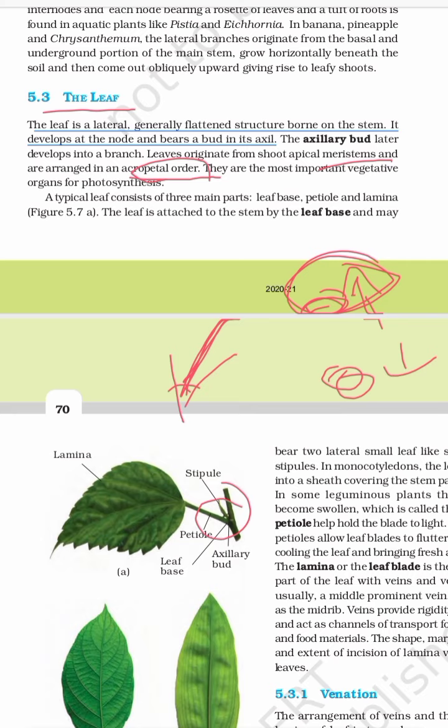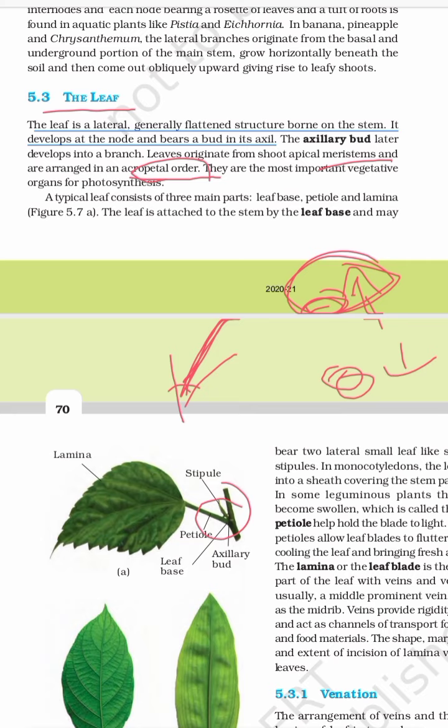Photo means light, synthesis means to make. So it makes food with the help of light. It has chlorophyll inside it. This we are going to study in the next chapters of biology of standard 11 and 12.